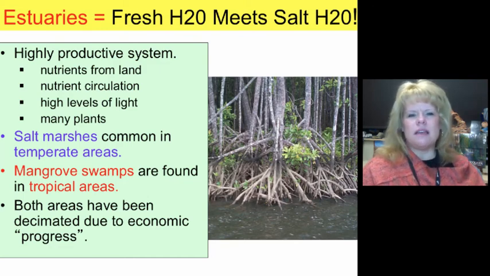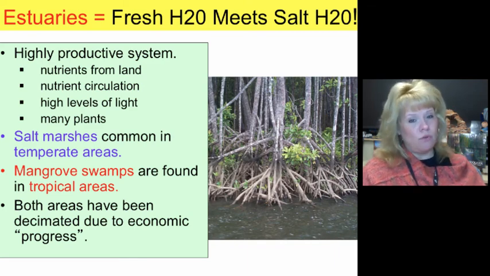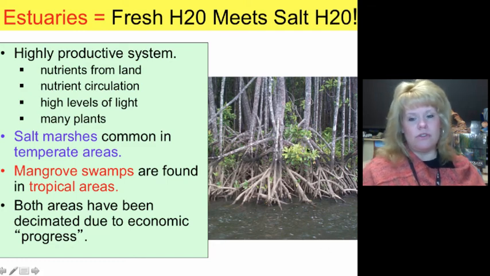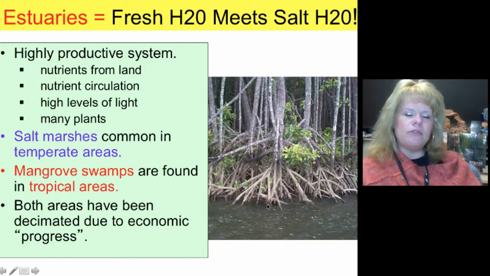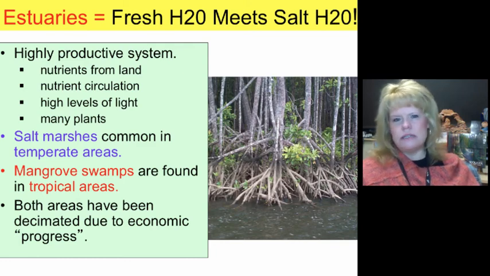And it has adequate light conditions to thrive for photosynthesis and just a wide variety of plant species, including one that you would find in mangrove swamps in tropical areas, which is this one right here. These are mangrove trees. Tropical regions bear mangrove trees, and notice they kind of have some strange looking root systems.